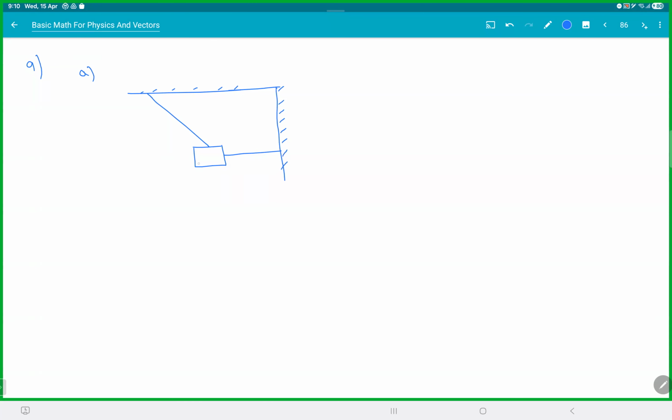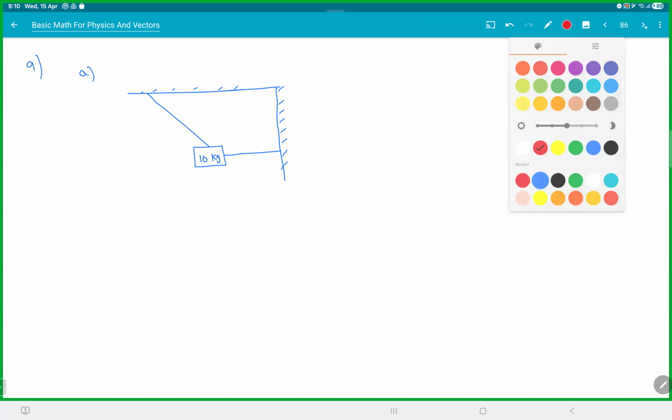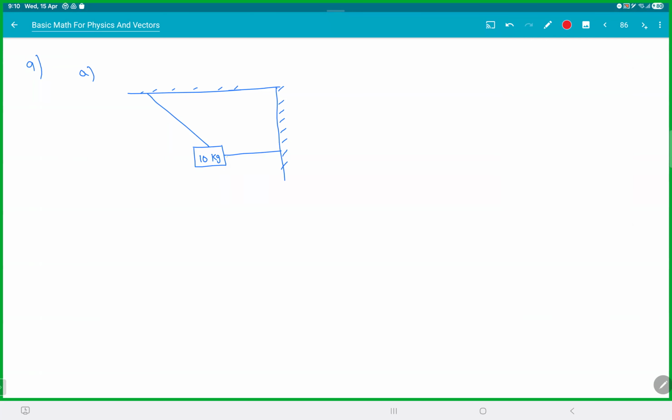So we got a block here of 10 kg. This is one string here, tension T2. This is another string here, tension T1. So these are strings. And let's say this angle is 30 degrees. And the weight of the block, mg, is 100 newtons.